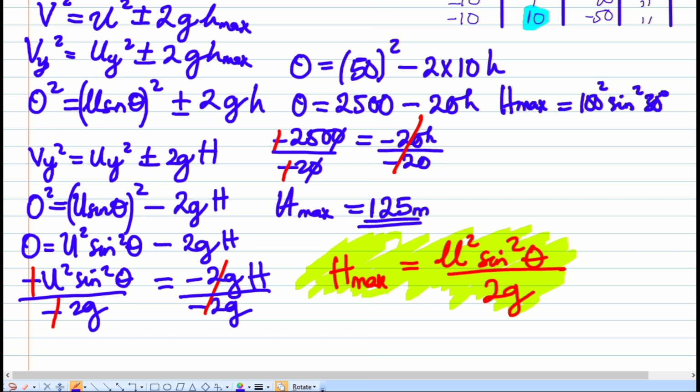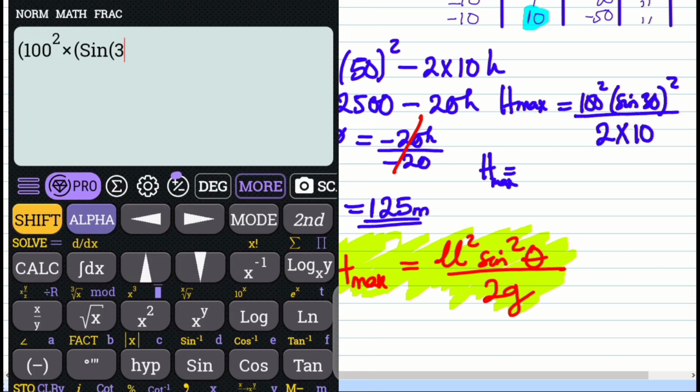Since you already have theta, I will show you how to write this so you can also type it like that in the calculator. Just write everything in brackets. That would be better. So write: 100 squared times sine 30 all squared, divided by 2g, which is 2 times 10. Let's type everything in the calculator and we get the maximum height. Doing everything, we still have exactly 125 meters.